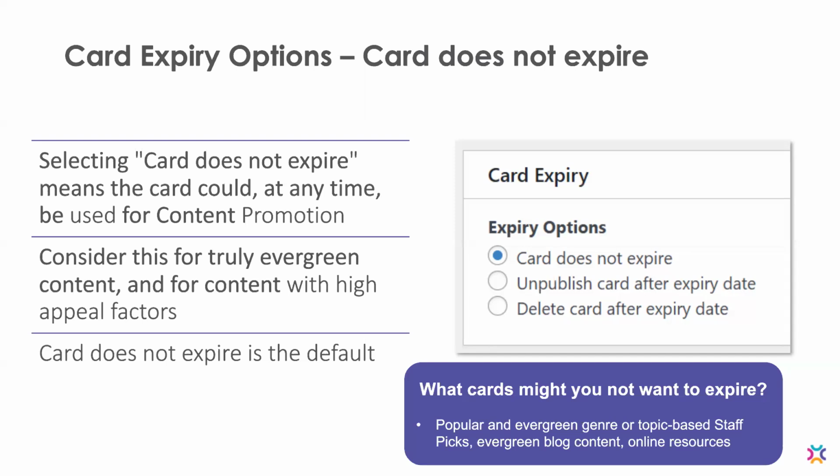Maybe then you would choose to have a card like that expire at some point. So you've got to think through the longevity of your content. But card does not expire is meant to be used for truly evergreen content or content that has high appeal factors. Kids are always looking for funny middle grade books, right? It's always an ask.